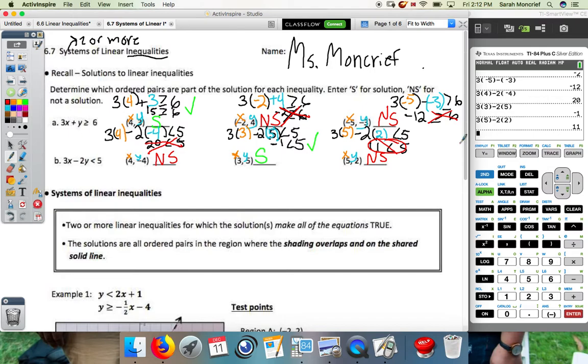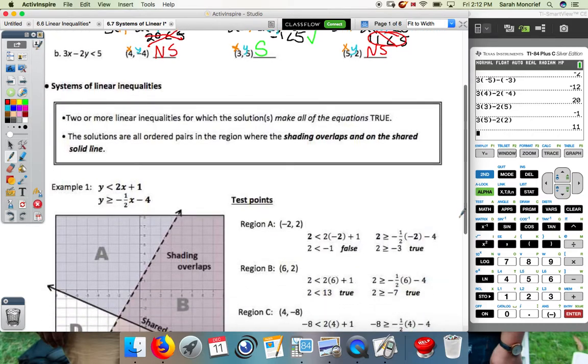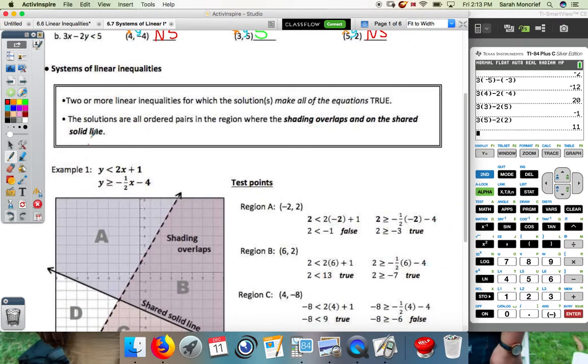Alright, so now that we've made sure we remembered how to algebraically figure out whether or not that ordered pair is a solution to the inequality, let's go ahead and start looking at systems. So I glossed over it a second ago, and it's about what is a system of linear inequalities. So 2 or more linear inequalities for which solutions make all of the equations true.